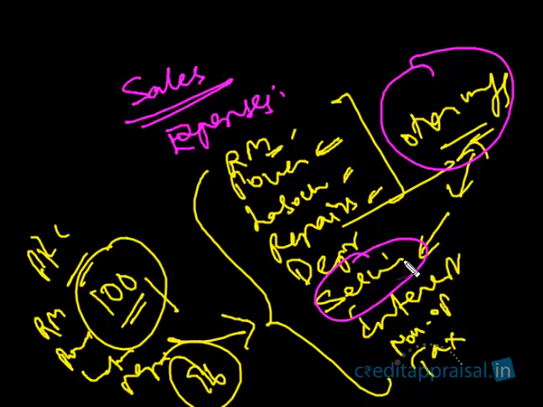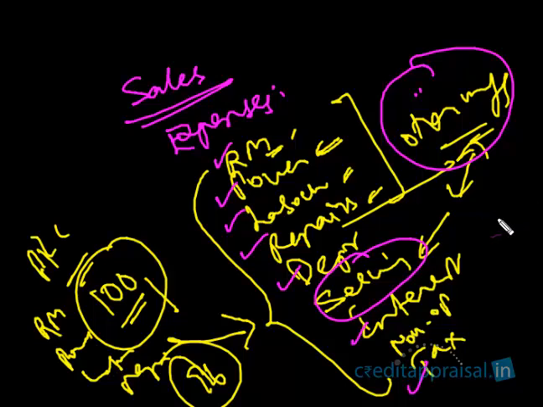Any expense that doesn't find a place in these rows, raw material, power, labor, repairs, depreciation, interest, tax, we'll finally place under either other manufacturing expense or selling and general expenses. The distinction between other manufacturing expense and selling and general expense is the distinction between direct cost and indirect cost.